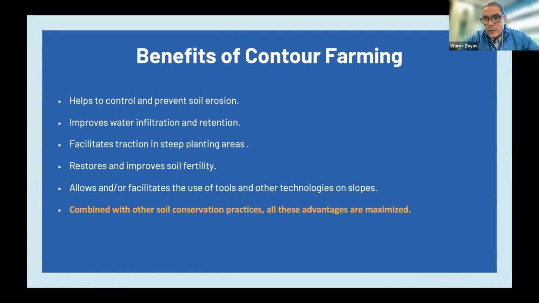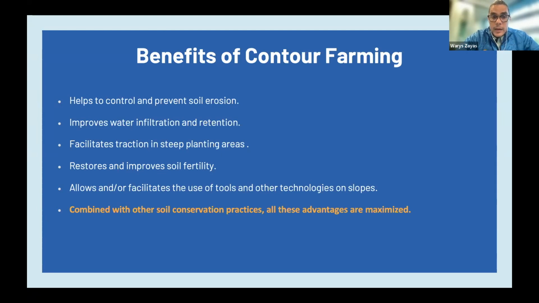Even if it is covered with the spontaneous vegetation that we tend to relate to weeds that are not desirable there, it is the first line. Bare soils are not a good thing, right? Bare soils are more prone to erosion. So the first barrier against erosion is to keep our soil covered all the time, right?